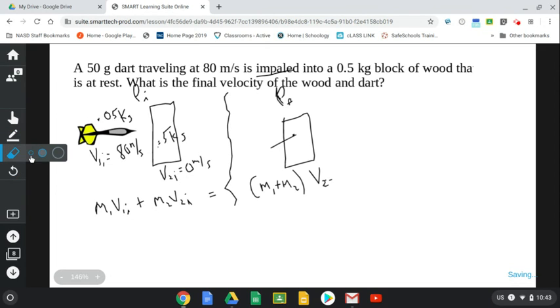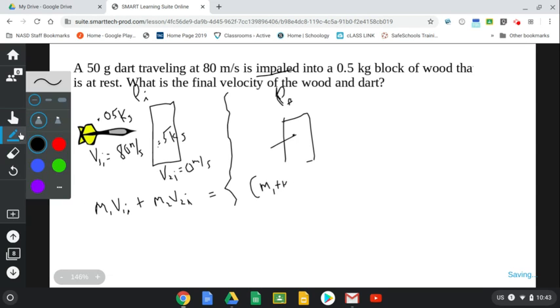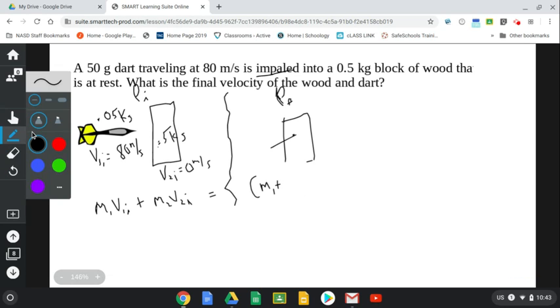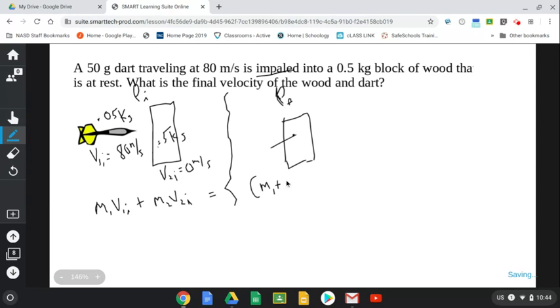Sorry, let's get rid of the v2. Let's get it right. I'll go back and fix my drawing. It's m1 plus m2 times vf.